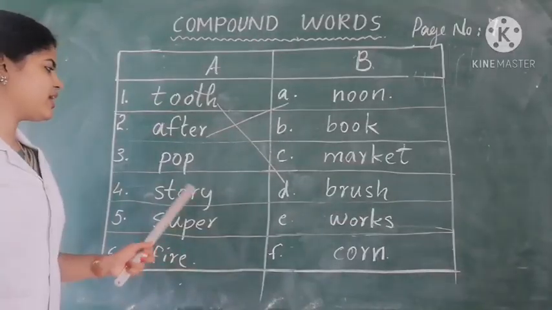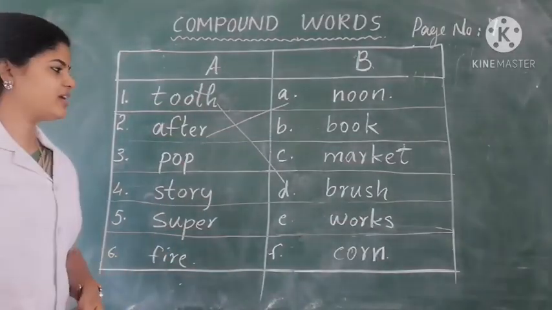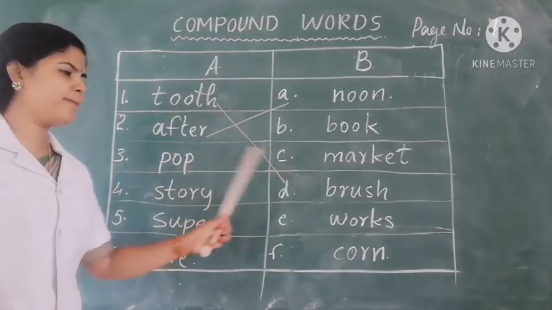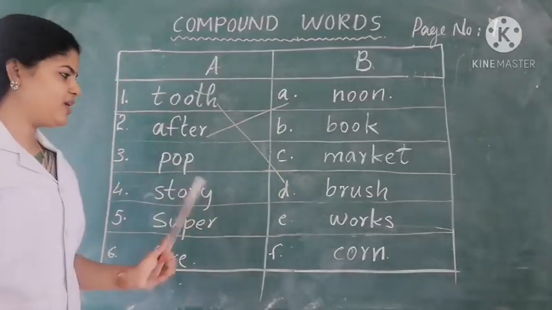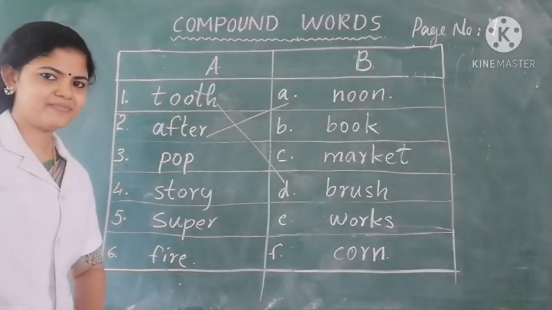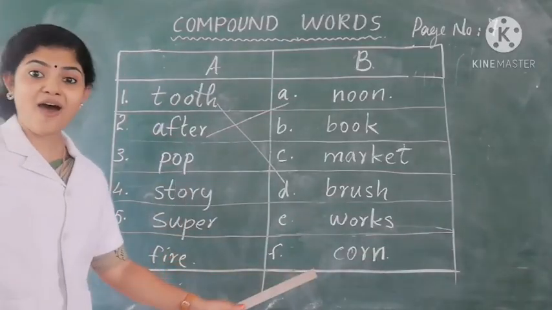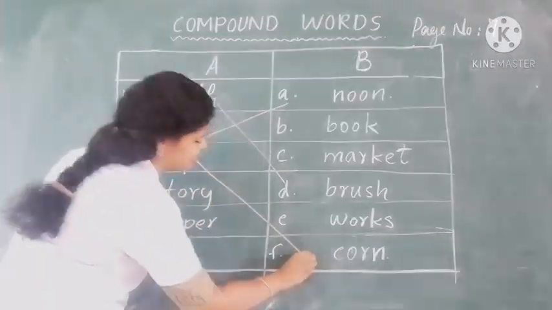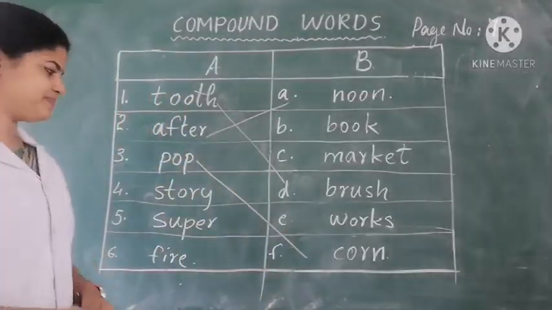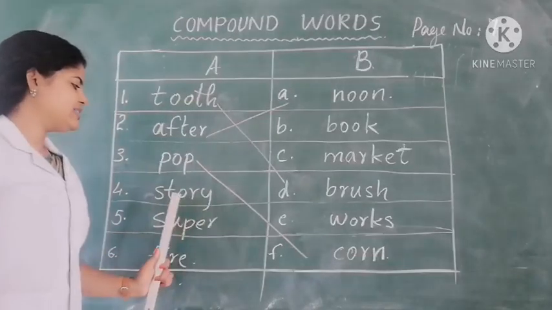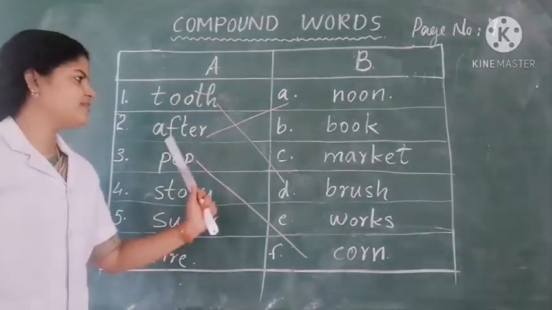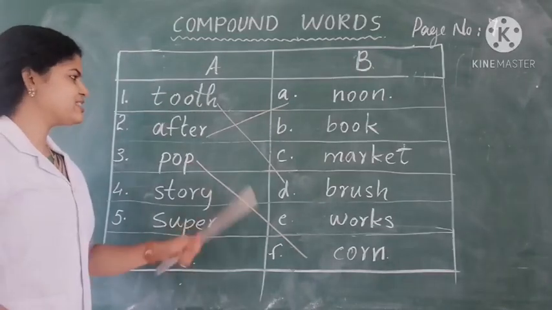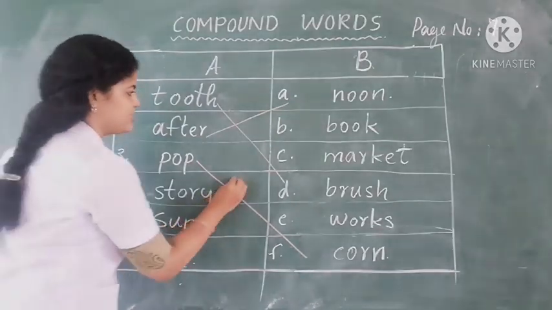Afternoon. Next one, pop. Pop book? No. Pop market? No. Pop words? No. Popcorn. Yes, popcorn. We can match it together to make that compound word. Next one is story. Yes, storybook.